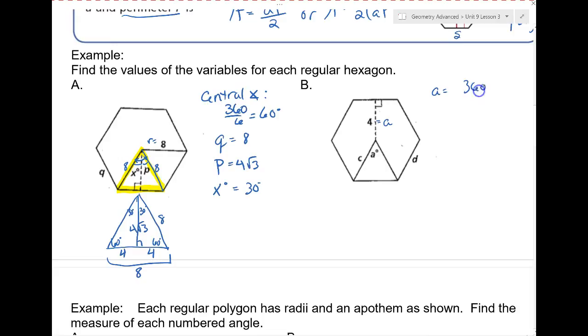So that's going to be 360 divided by 6. Oh, that's 60 degrees. So nothing really changed from our last problem. But you know what? I'm going to redraw my apothem here, which bisects that. So I get a 30, 60, what? 90. Now I'm going to put my 4 down because all the apothems would have to be the same. But what part of that triangle is that? The short leg, the long leg? Which one is it?